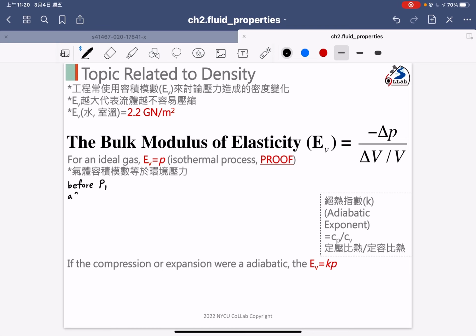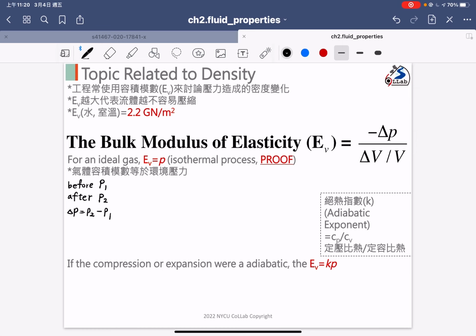And after, the after pressure we say that is P2. So the delta P is the after pressure minus the before pressure.